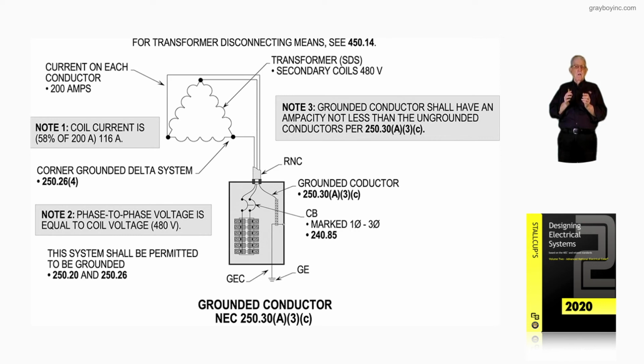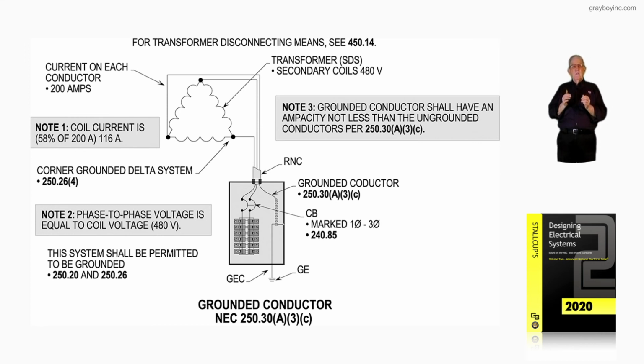That conductor is run unbroken, in this case, and connected to the electrode system, which is usually, like we said, the building steel. So this illustration just basically says review 250.30(A)(3)(c) as well as 250.20 and 250.26 that we've already reviewed in this chapter 16, along with 110.21 and 110.24.